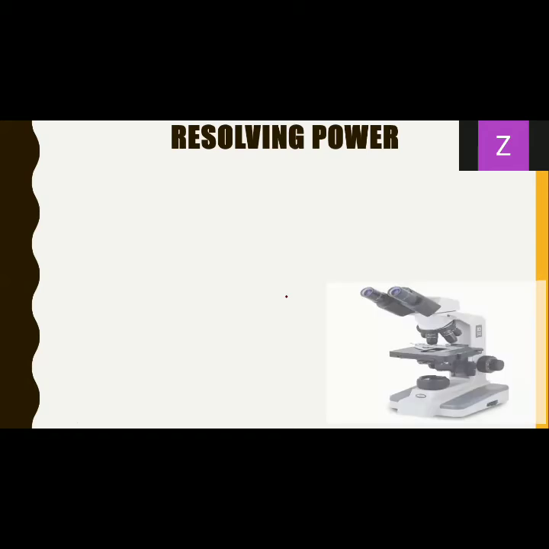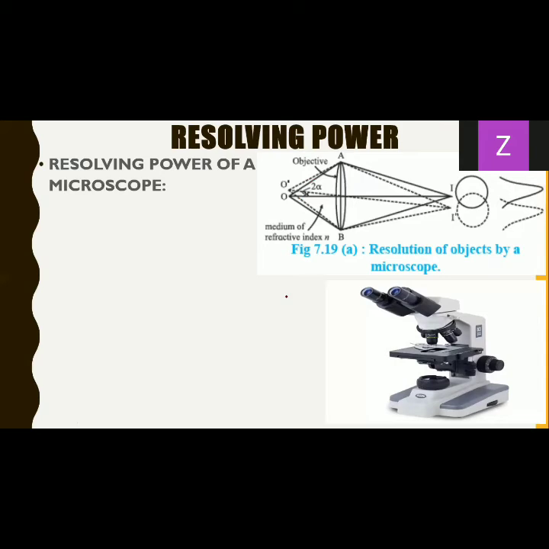So what does Rayleigh's criteria say? That the first ring due to O dash should coincide with I, and from O should coincide with I dash.